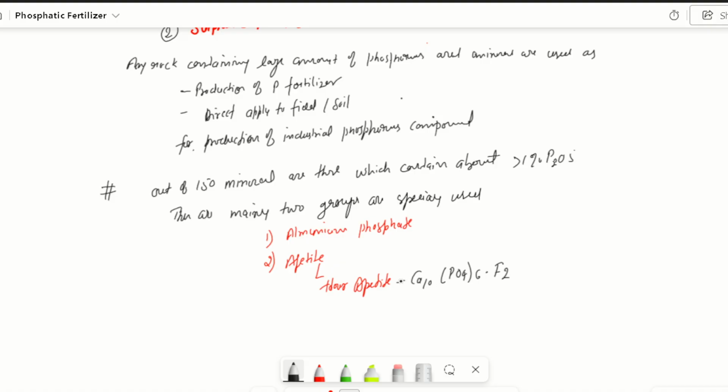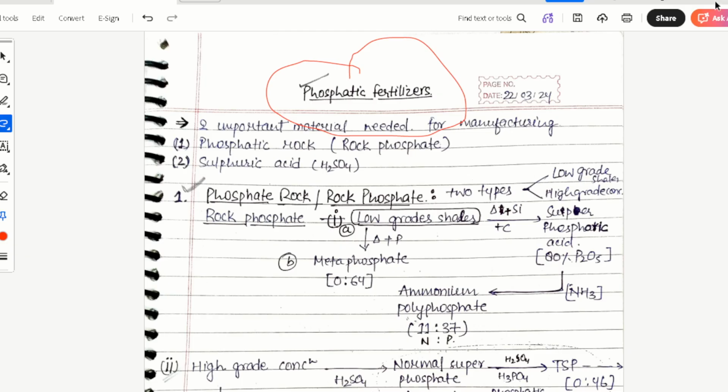This is the chemical formula of fluorapatite, and aluminum phosphate is AlPO4. So phosphatic rock and sulfuric acid are the two important materials used to produce phosphatic fertilizer.